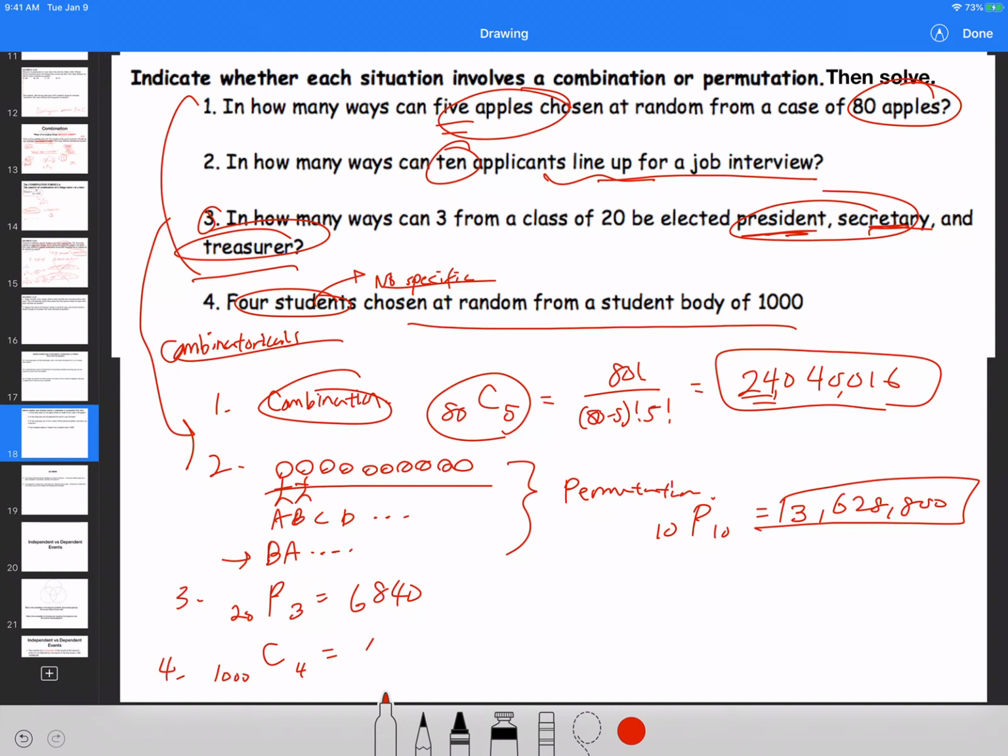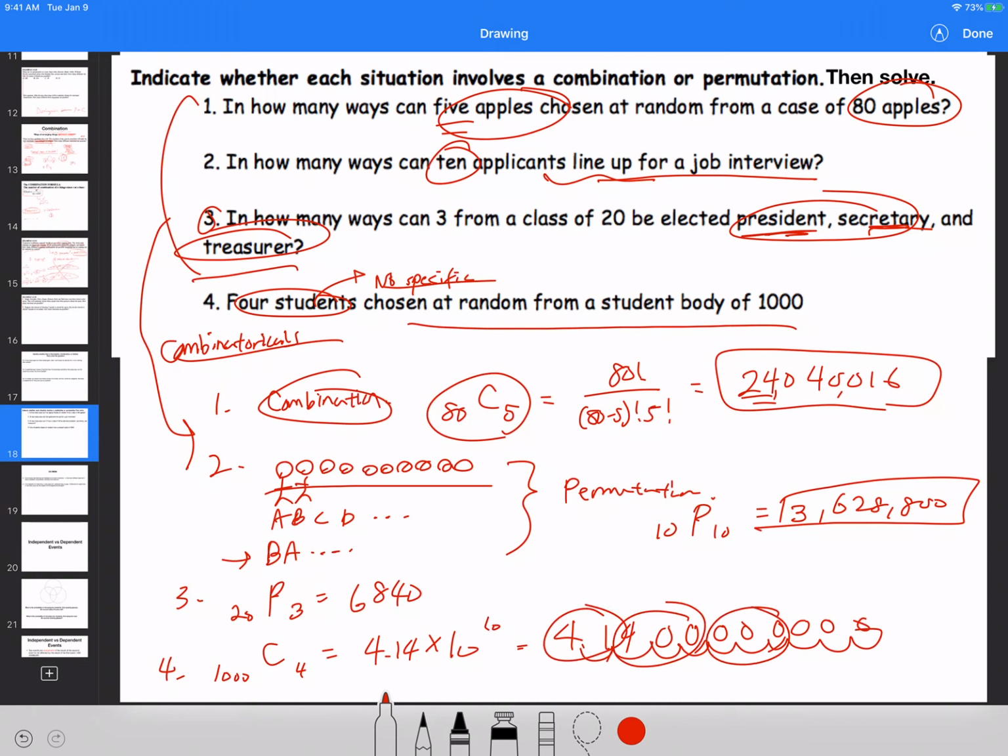My calculator says 4.14 times 10 to the 10th power, which means you move the decimal point 10 times and fill it up with zeros. That's approximately 41,400,000,000 ways in which this could happen. So even if the numbers are super crazy, don't panic, because as long as you show me the correct work for this one, it's going to be fine.